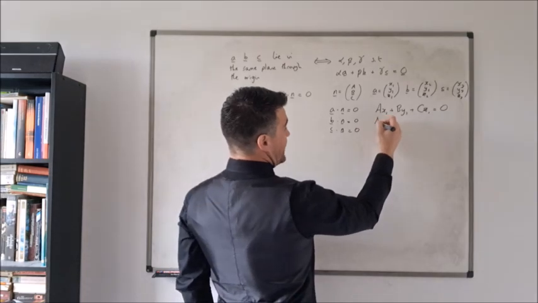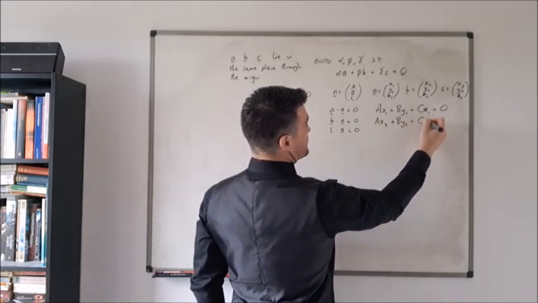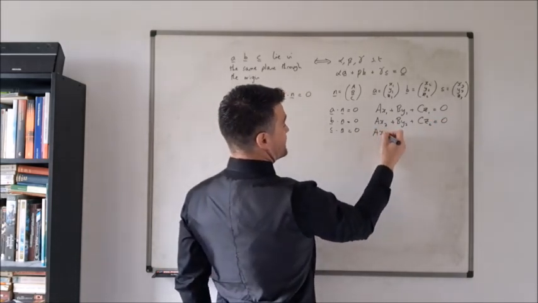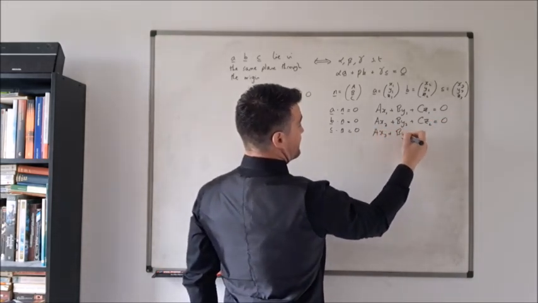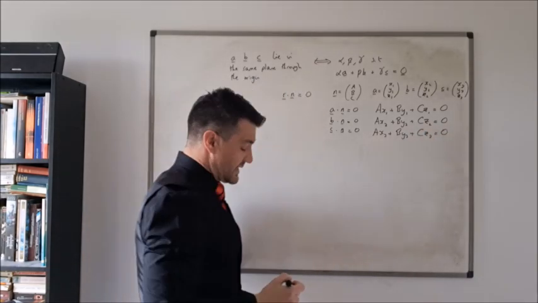This one is going to be a x2 plus b y2 plus c z2 equals 0. And then finally, a x3 plus b y3 plus c z3 is equal to 0.